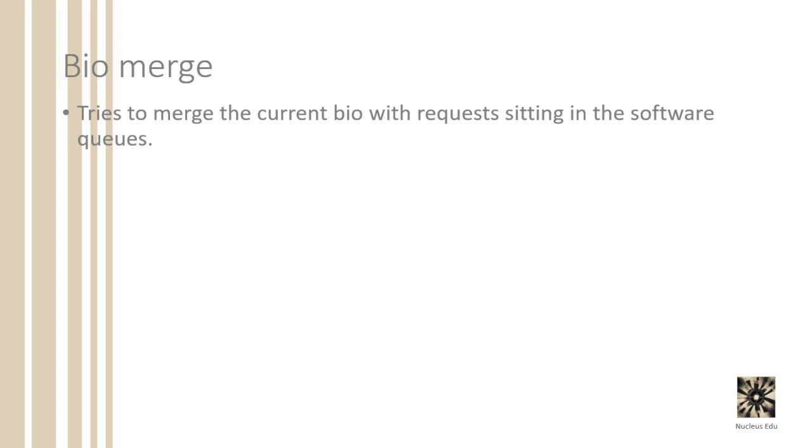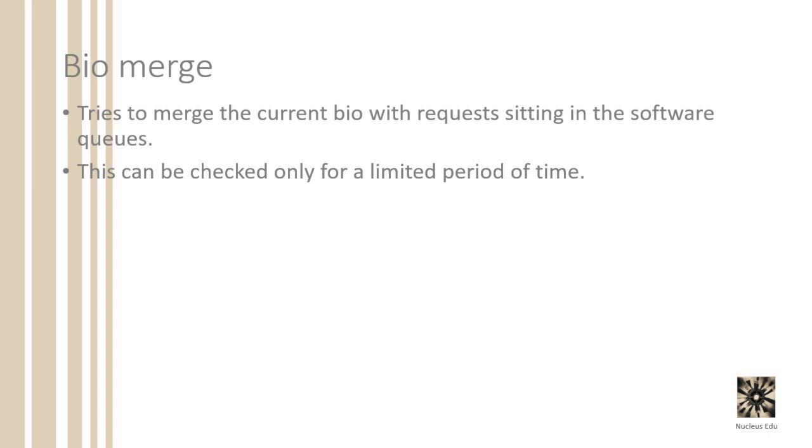Right, now we're going to look into the two different types of merge. The first one that I mentioned was plug merge. First looked into bio merge, where the current bio is tried to merge with the request sitting in the software queue. Right, so obviously this can be checked only for a limited period of time, and the reason is there can be a large number of software queues through which it has to check, and each software queue can actually be holding a large number of requests, and checking through all of them is going to take a long time.